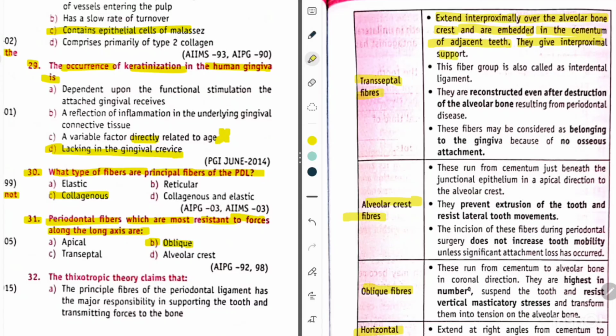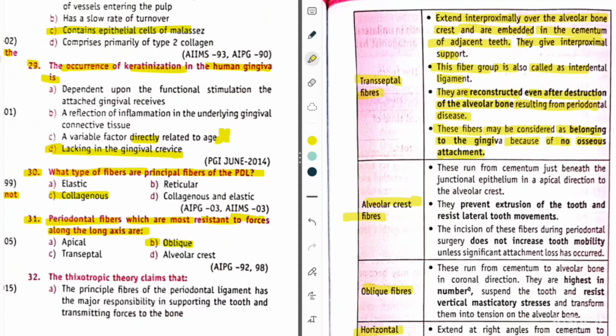They give interproximal support. This fiber group is also called as interdental ligament. They are reconstructed even after destruction of the alveolar bone resulting from periodontal diseases. These fibers may be considered as belonging to the gingiva because of no osseous attachment.